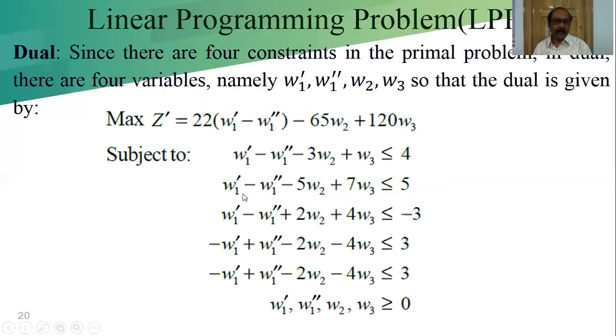Now we replace W1 dash minus W1 double dash by the difference, W1. So let W1 equal W1 dash minus W1 double dash, where W1 dash and W1 double dash are greater than or equal to 0. When we replace this by W1, W1 will be unrestricted in sign.